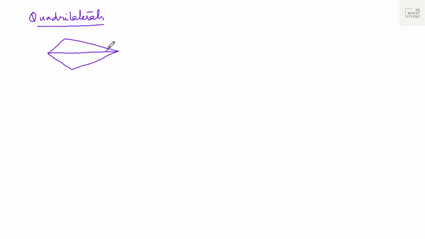Moving forward from a three-sided bounded figure to a four-sided bounded figure, which we call quadrilaterals. Any four-sided figure is a quadrilateral. What we need to find is one of the diagonals. If one of the diagonals d is known, you can see that we can treat them as two triangles.